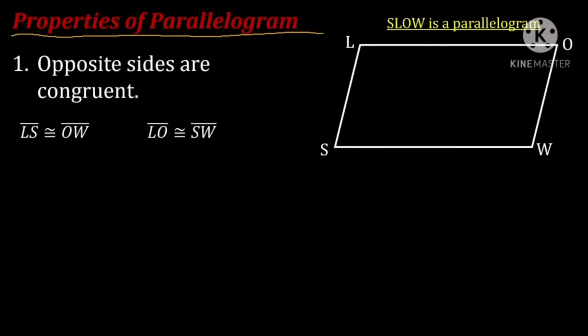Okay, let's have an example. Example that the measurement of side LS is 5 centimeters. So, yung opposite side niya, which is side OW, will have a measurement of 5 cm also. Kasi, opposite sides are congruent.